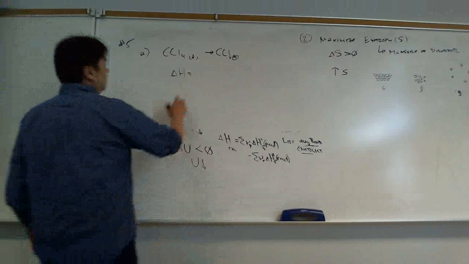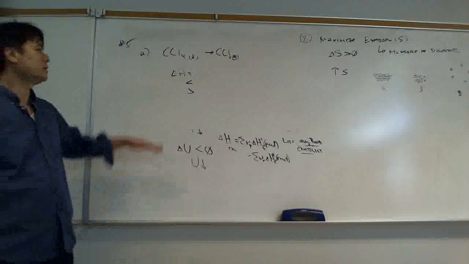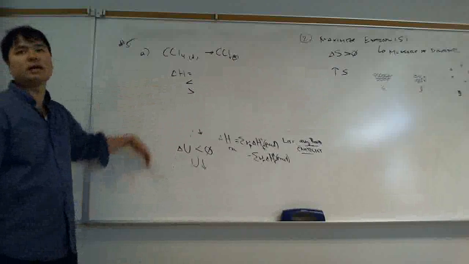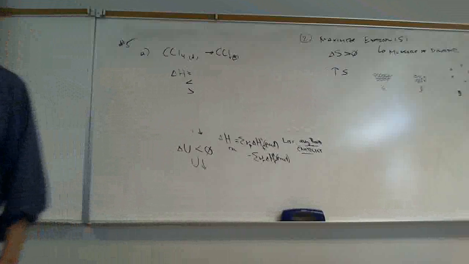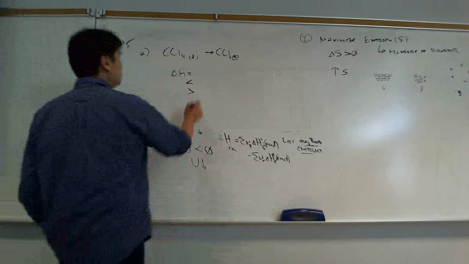Is it equal to, less than, or greater than 0? In other words, is energy going up or down, or maybe there's no change in energy? Energy is going up, and so delta H is greater than 0.